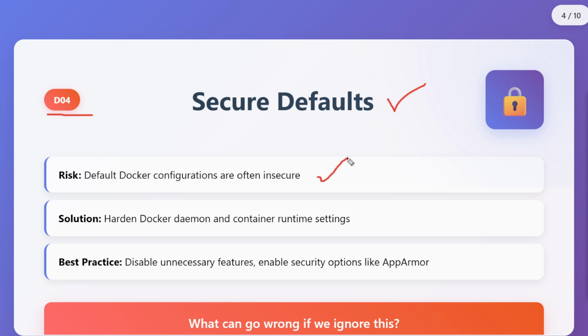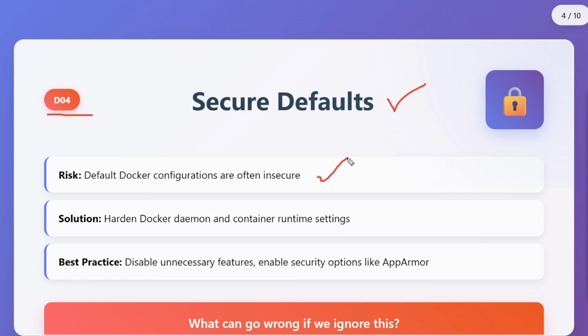And the associated risk is that default Docker configurations can often be insecure. Out of the box, Docker prioritizes usability over security.